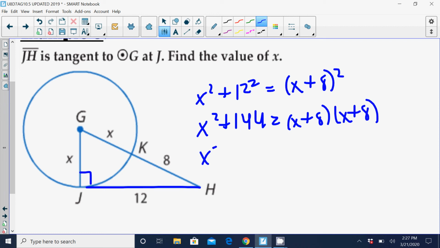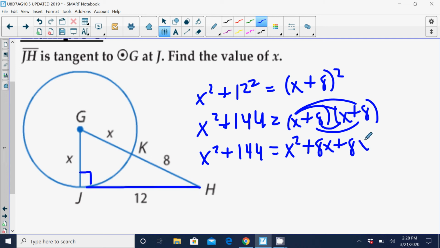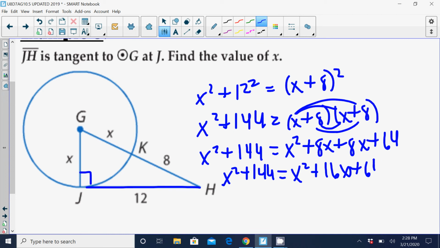So here I get X squared plus 144 is equal to X squared plus 8x when I bring this x through. Now I'm going to bring the 8 through, and I would also get 8x plus 64. Next step, x squared plus 144 is equal to x squared plus 16x plus 64.